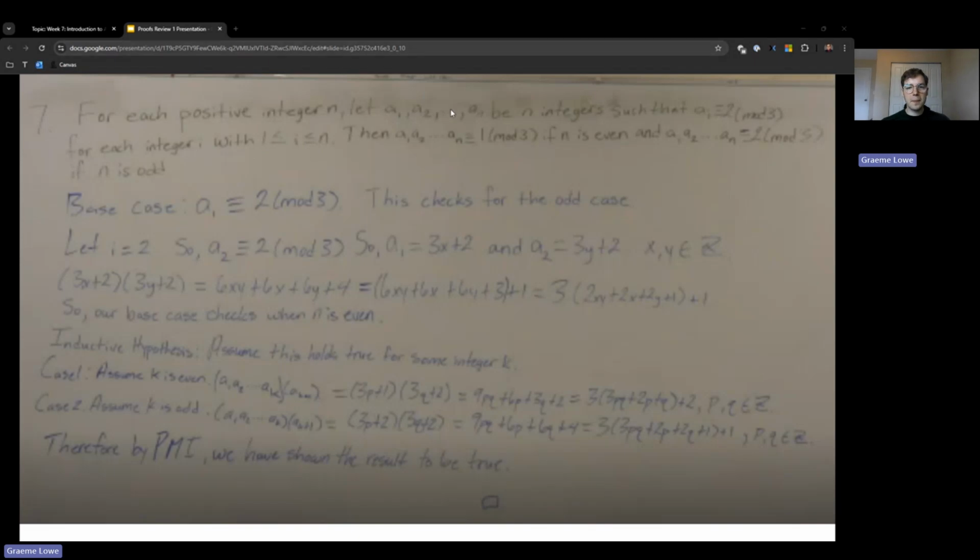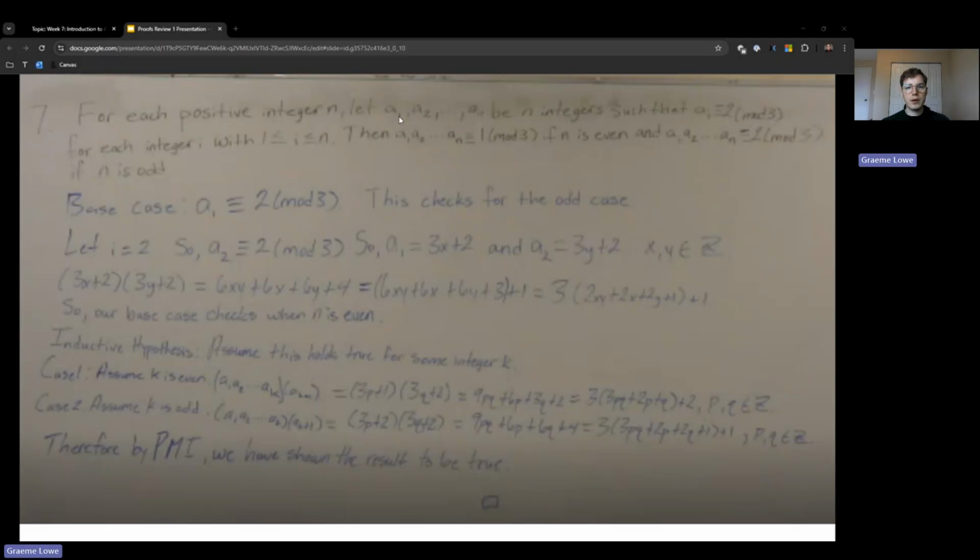So this is a little bit complex, but what this is saying is that there is a series of elements that we're referring to as a1, a2, and then going on to an.